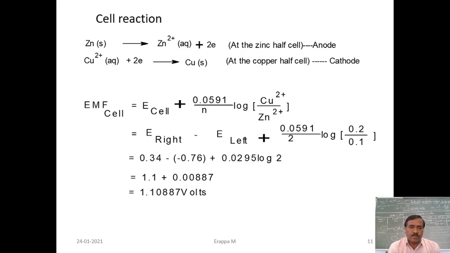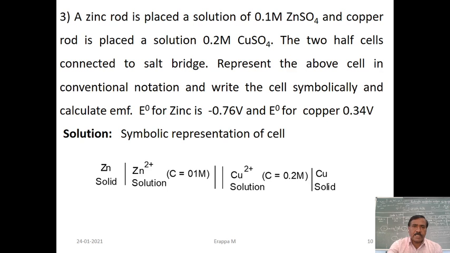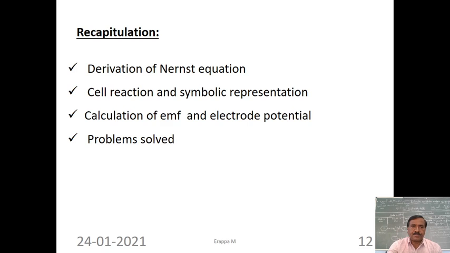So that is 1.1 plus 0.00887, then totally it is 1.10887 volts. So this is the cell reaction, how to calculate EMF, and cell representation.